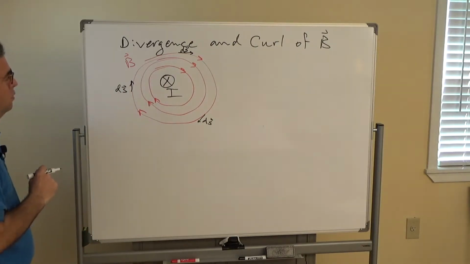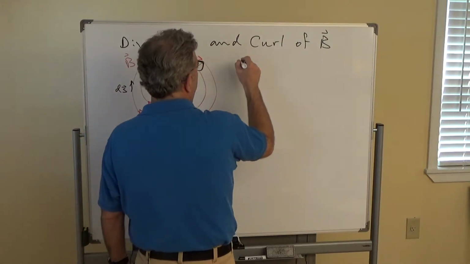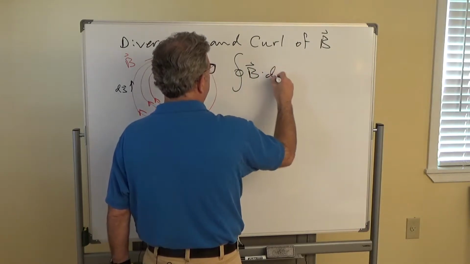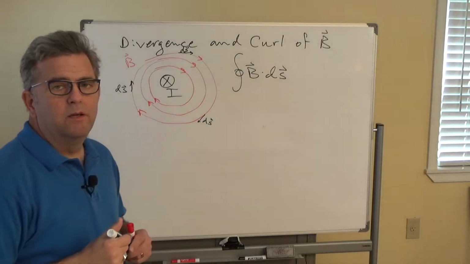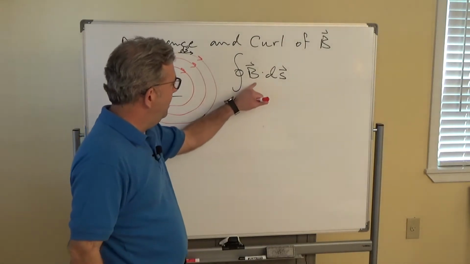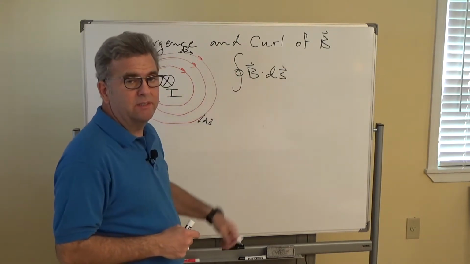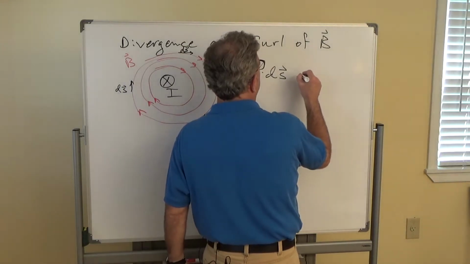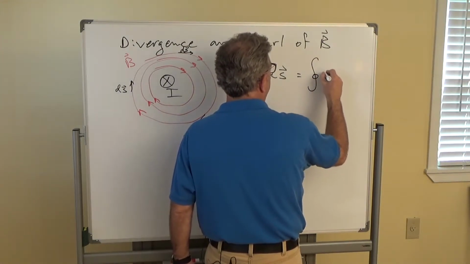Okay. So I'm going around and I'm going to sum up this integral around the loop of B dot ds. So what's the angle between B and ds? The angle between B and ds is 0. So this just becomes equal to the integral around the loop of B ds.